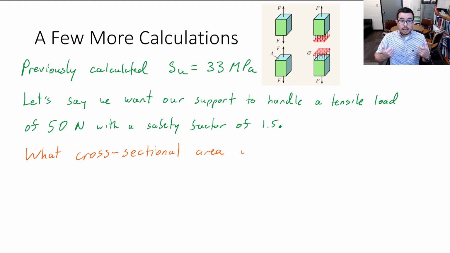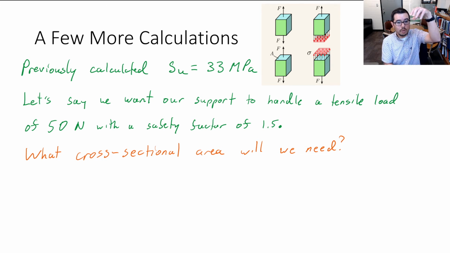Well, we need to figure out what the cross-sectional area is going to be to support this load with a safety factor. Now, what we might be able to think about without even doing any calculations is that if you make a piece of material thicker, it's going to be able to support more force in tension or in compression.